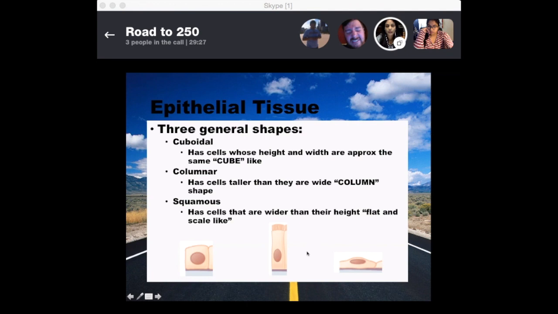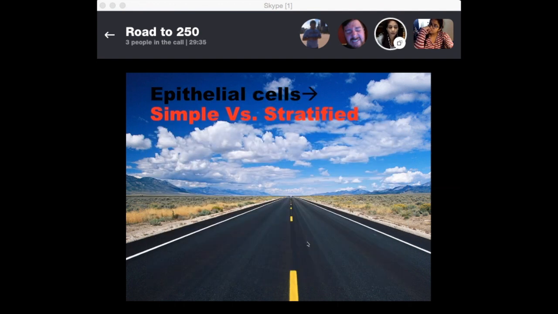So that's going to be our beginning characteristics of these epithelial cells, or cells that essentially make up the epithelial tissue. And then the next concept that we should also hone in on is simple versus stratified.